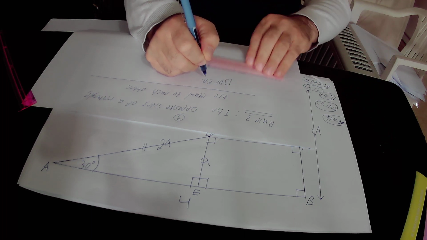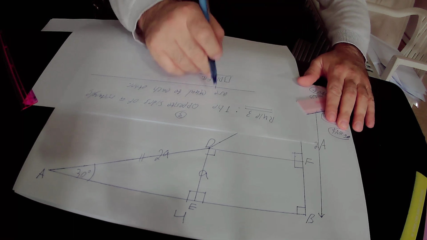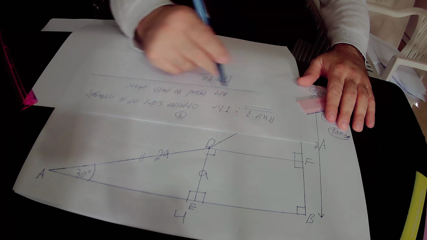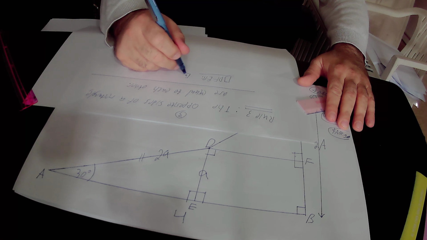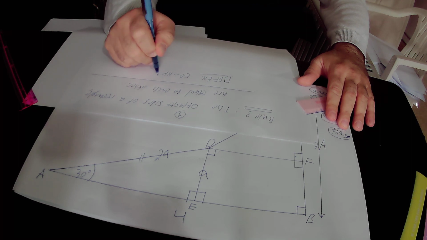That is to say, ED equals BF according to rule number 3.